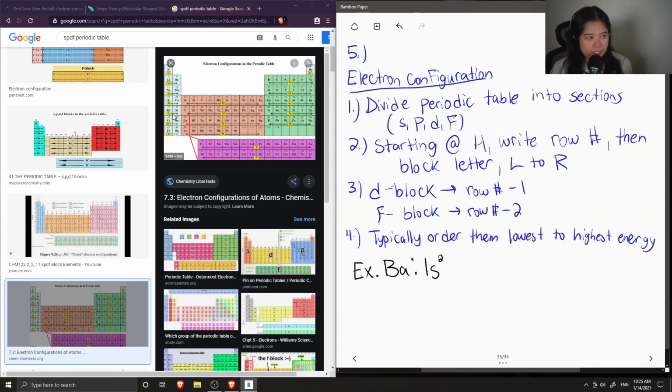And then we go down to the next row, 2s2. Then we move across to 2p, which can house 6 electrons. And then 3s2, and then 3p6.